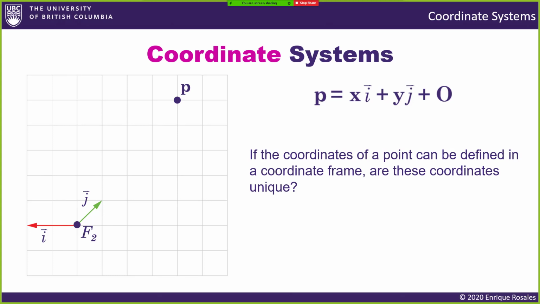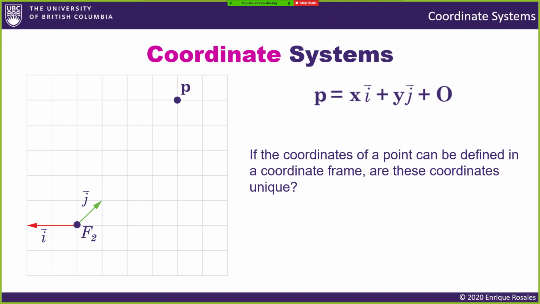Are the coordinates always unique? Someone is saying that maybe it depends if it's orthogonal or not. Someone is saying, I think yes. Okay, anyone else? Someone is talking about polar coordinates. Okay, let's not talk about polar coordinates right now, where we are in Euclidean coordinates.